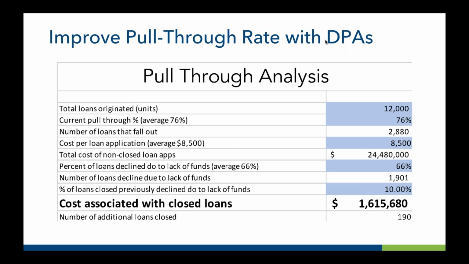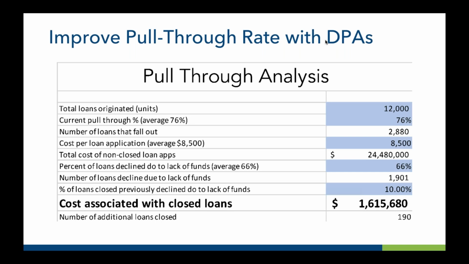So in this example, if we take the average eligibility rate of declined loans, we call it 66%, because about half are declined for cash to close or DTI, and 80% of those are eligible for DPAs. Let's just say you convert 10% of those, you've at least recouped the cost of $1.6 million in processing, underwriting, and so forth, presuming that you broke even. And if you were doing this profitably, then you've accrued more revenue than that. And closing or salvaging just 10% of your declined pipe, we think is really low and really conservative.